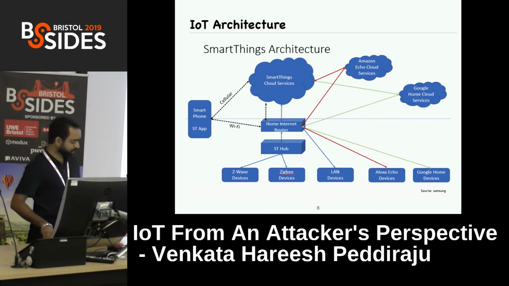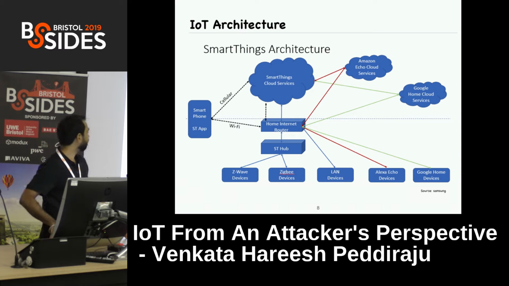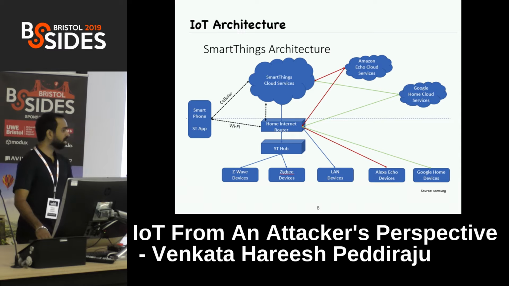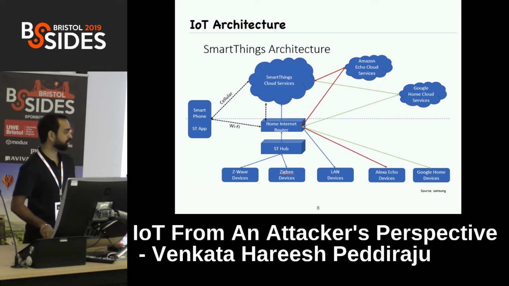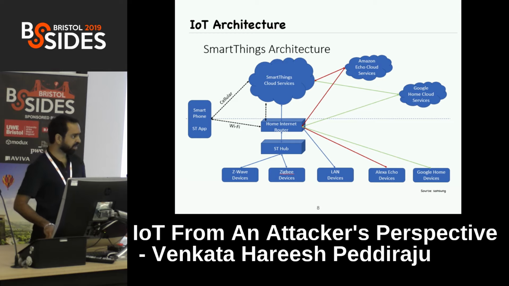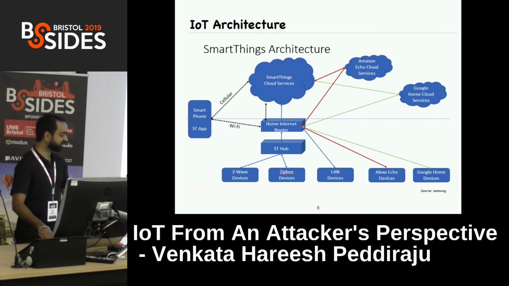So the reason why cloud infrastructure is a huge deal when it comes to IoT is that the embedded devices or the endpoint devices that we have installed in our homes, buildings, whatnot, they have very limited storage. The storage that we are talking about is in kilobytes.